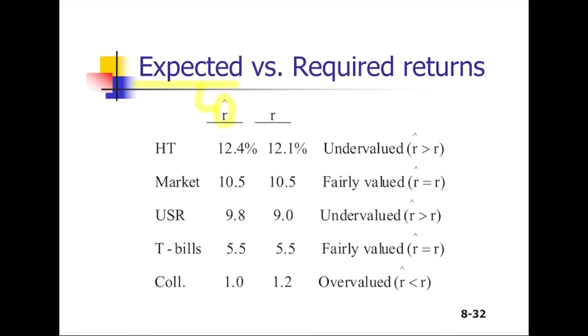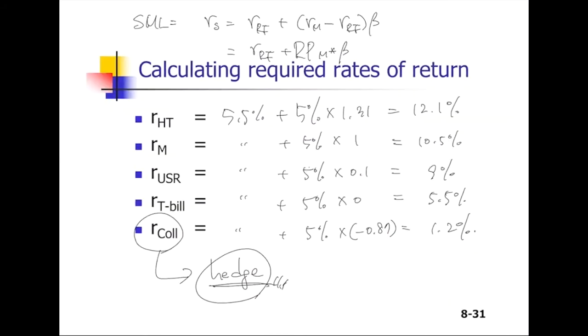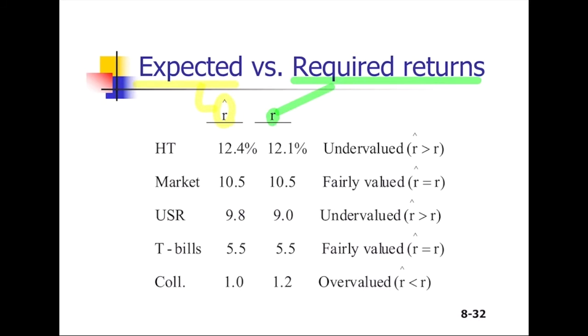And what about the required return? Required return can be calculated by using CAPM model, right? And we also call that the security market line. So using security market line, high-tech company's required rate of return is here, 12.1.